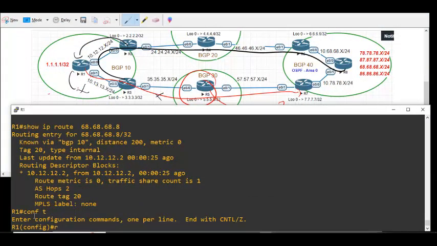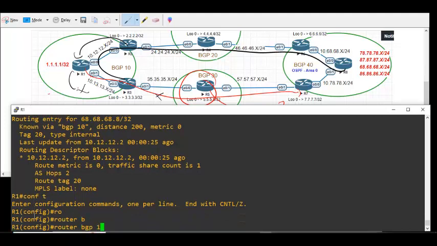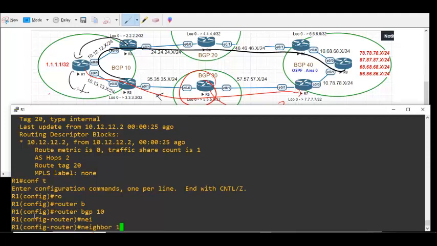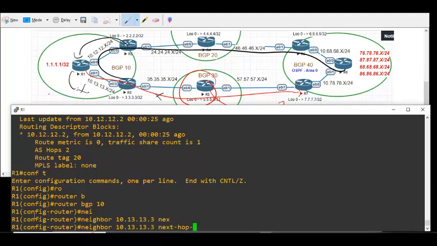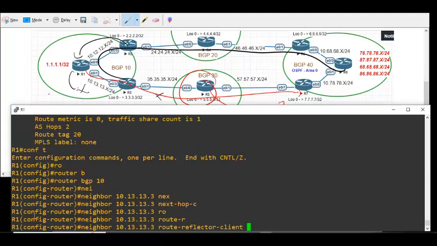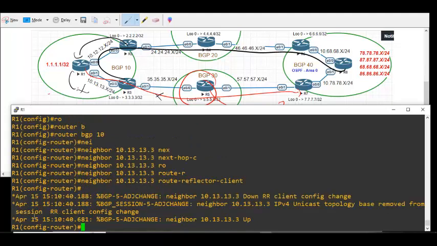Otherwise, you need to make a full mesh. Either you make a full mesh, or route reflector client. You are overriding that rule. Now let us go and check router 3.